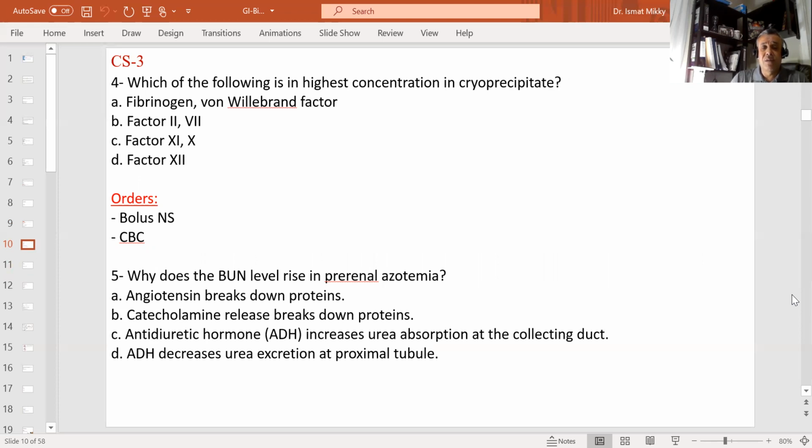So C is the correct answer. The ADH hormone would increase the urea absorption at the renal collecting ducts. When the ADH hormone increases the permeability of the collecting duct to water, it also stimulates the urea transporters that increase urea reabsorption. And this helps maintain the high osmolarity of the renal medulla so that water can be reabsorbed.